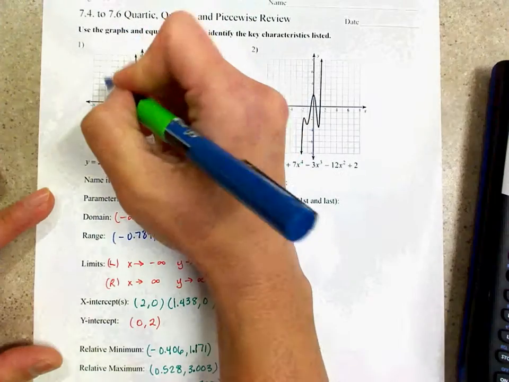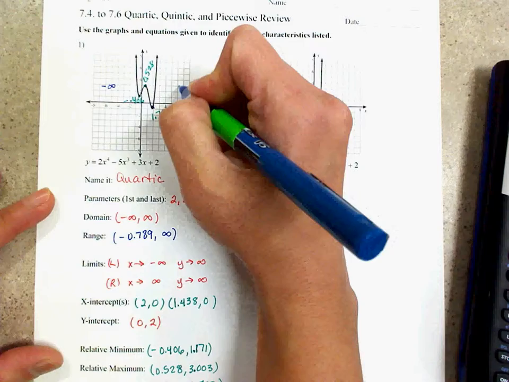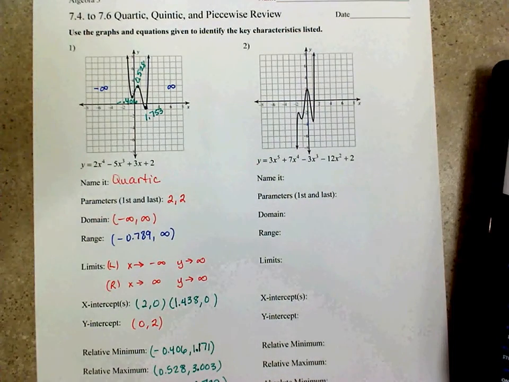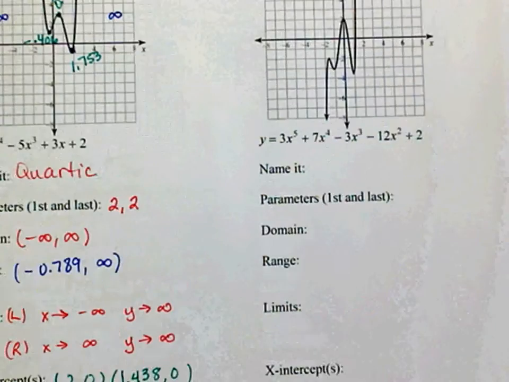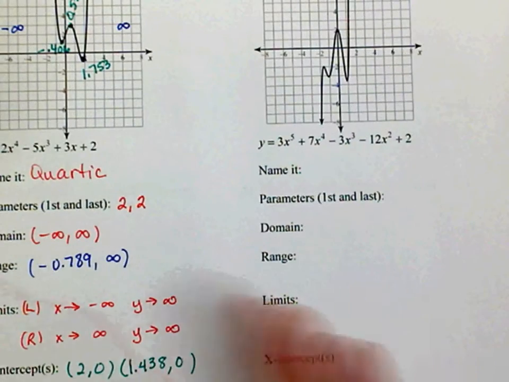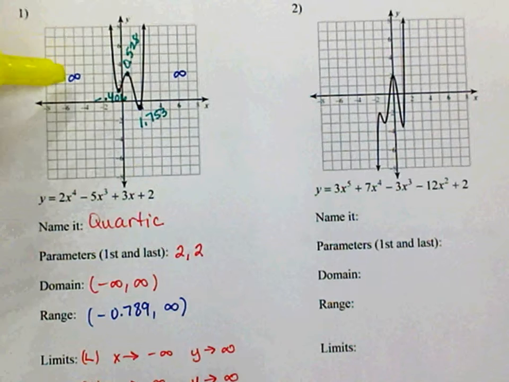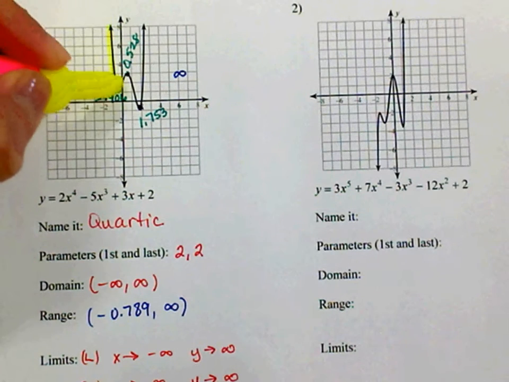Start on the left, end on the right. Okay? I'm going to zoom in just a little bit so you guys can kind of see. And I'm going to talk you through it before I write the answers. Here we go. Looking at your graph, you're going to use your minimum and maximum to help you. Starting here, what is this graph doing? It is going down.